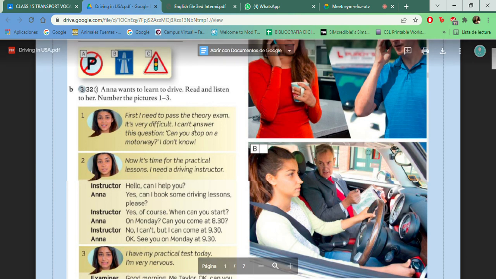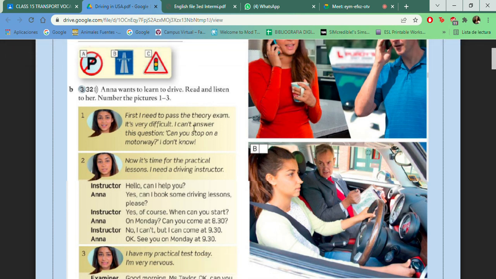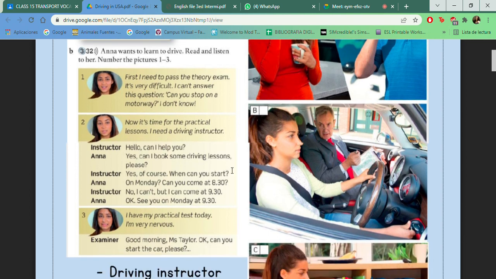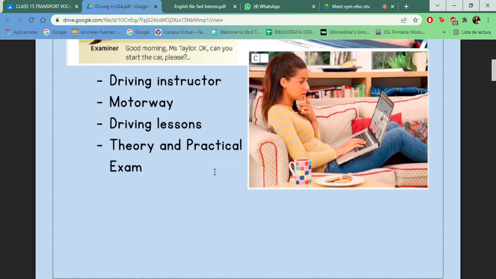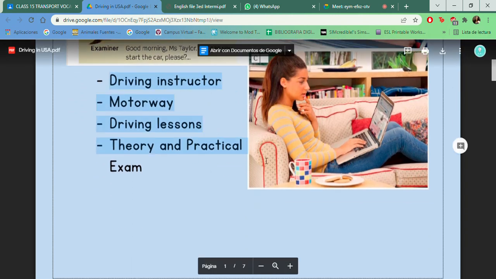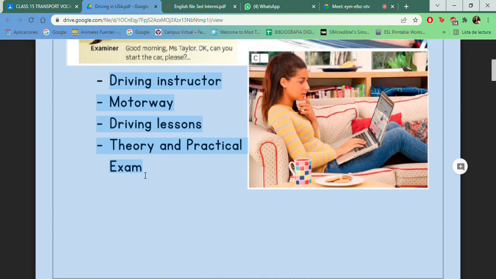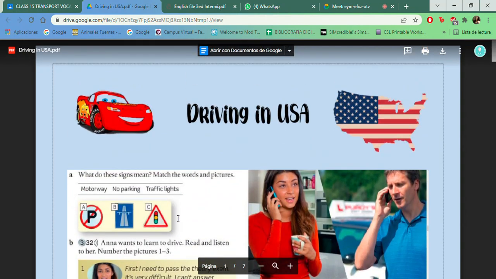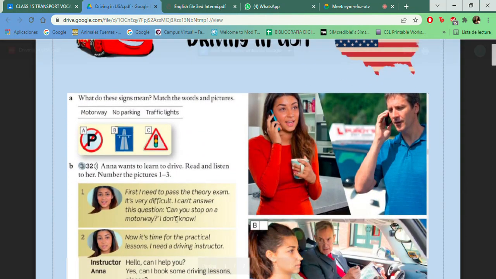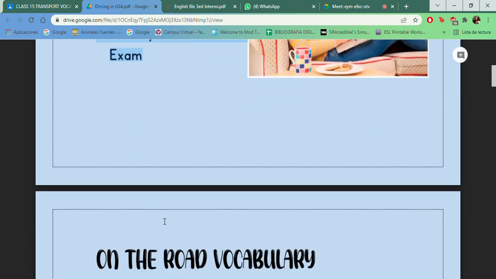Here we have a conversation, a woman booking some driving lessons, and then the instructor that's going to give her the lessons, right? Cool. Here we have some words. We have driving instructor, the driving lessons, the theory and practical exam that you take when you get your driving license, right? Good.